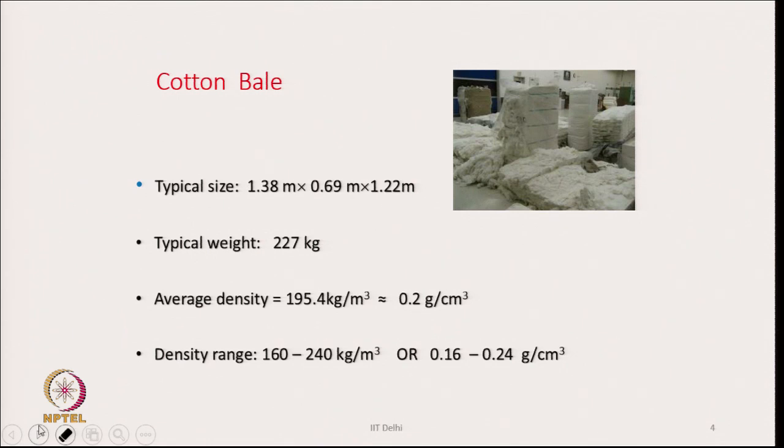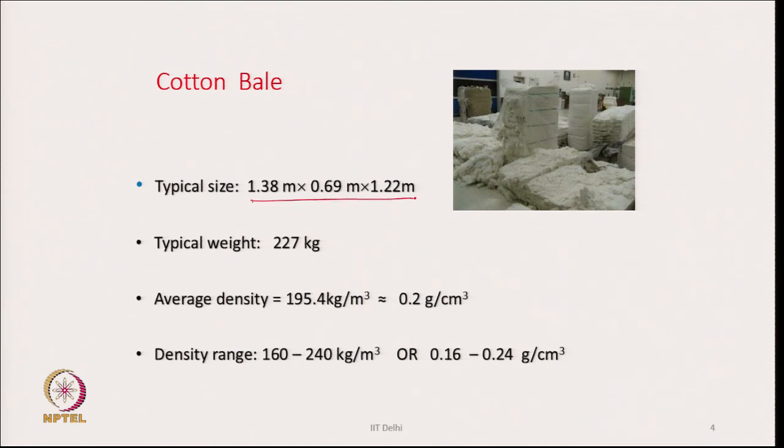Some cotton bales are shown here. The cloth has been removed, and you still see the way the bales look like. They look like a rectangular box type. Typical size is given here as shown.